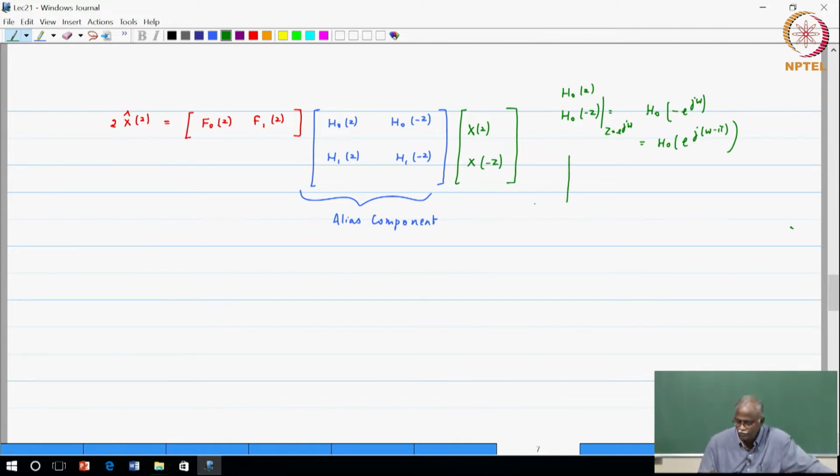So if you were to look at a filter of this type, this is H0 of e to the j omega, this would be the spectrum, this is 2 pi, this is 0. Now, H0 of minus e to the j omega will be located at pi.